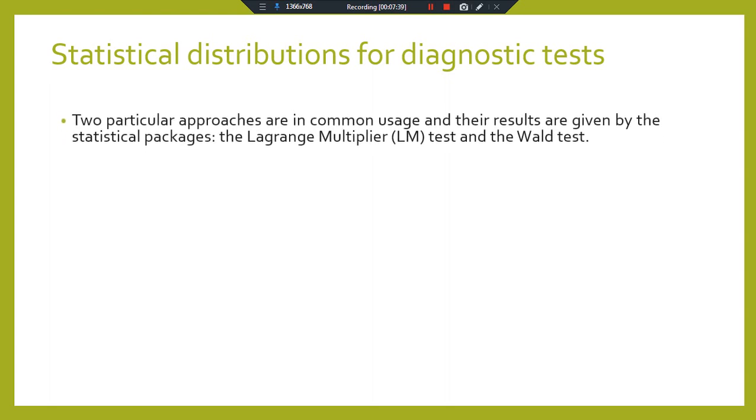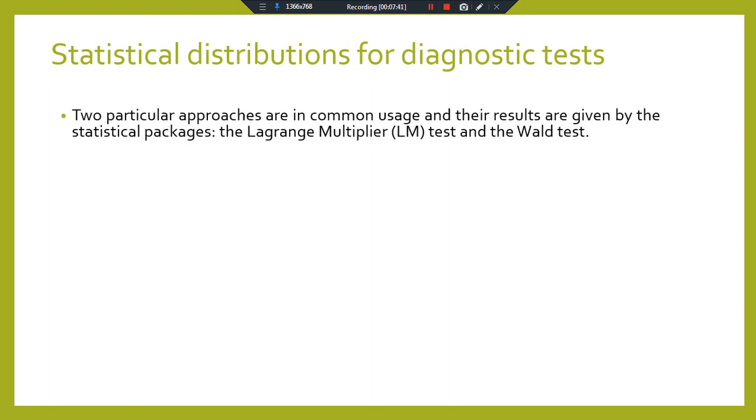For this, there are two famous tests which are normally used and are available in every statistical or econometric package, like eViews, which you are very well familiar with: the Lagrange multiplier, that is the LM test, which is very famous, and the Wald test.